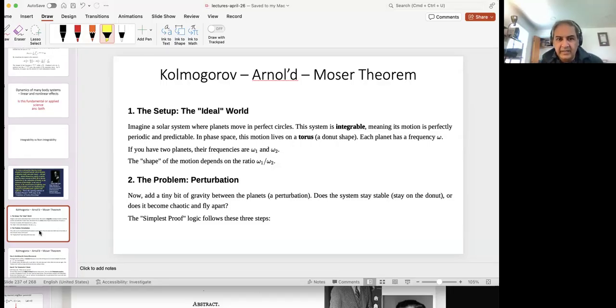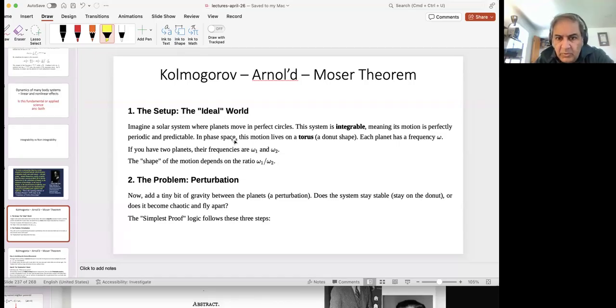So in an ideal world, start with the solar system here. Planets move in perfect circles or perfect ellipses, let's say. We all know this is central forces, integrable problem. We can find the periods, we can find the ellipticity, we can find everything. So, the system is integrable, meaning its motion is perfectly periodic and predictable.